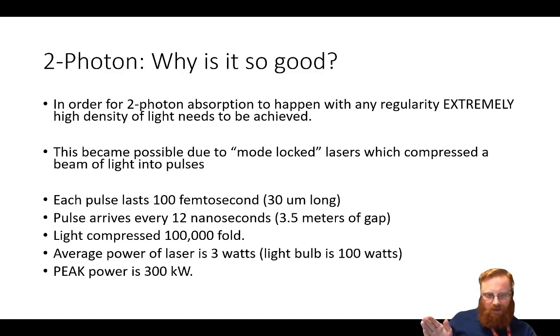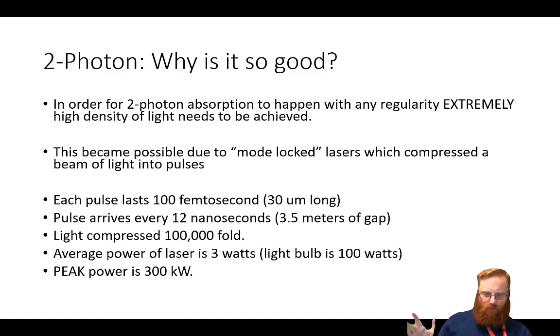But between each pulse would be a 3.5 meter gap. So that 3.5 meter beam of light has been compressed down into that tiny little pulse, which is where the huge powers come from.